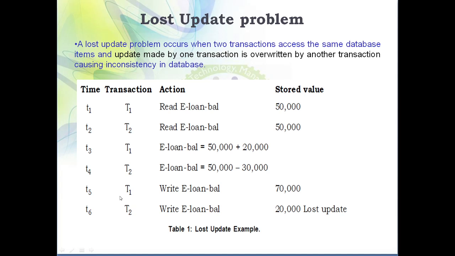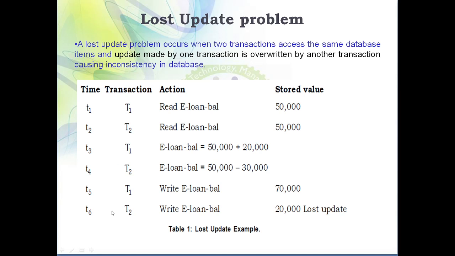At time T5, transaction T1 will perform a write operation. Transaction T1 added 20,000 to 50,000, so its value is 70,000. But this is the final updated value which should be read by T2, and that is not the case. T2 has read the initial value itself, only 50,000.